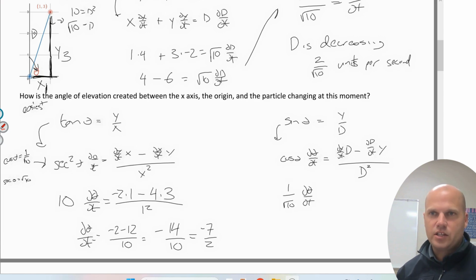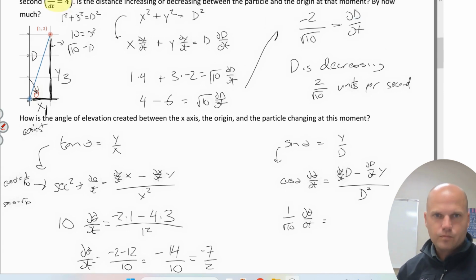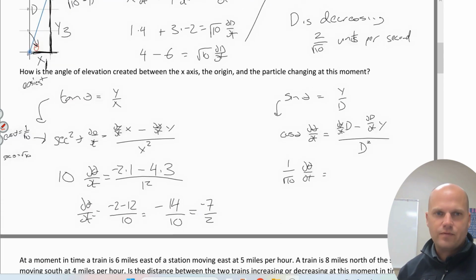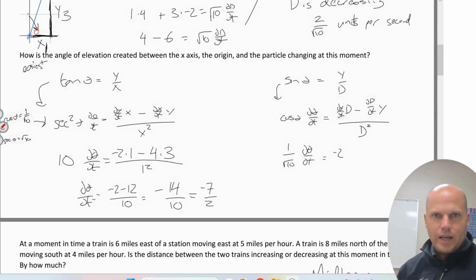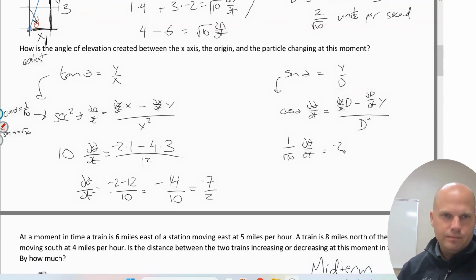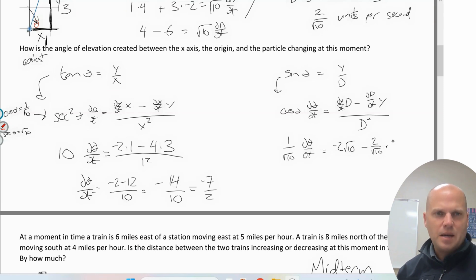That's just the adjacent over the hypotenuse, x over d. We got dy dt is -2. We got d was root 10. We got dd dt, which we found, which was 2 over root 10 from the previous problem, times the y was 3, all over root 10 squared, which is 10.